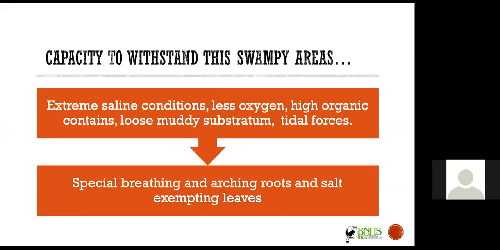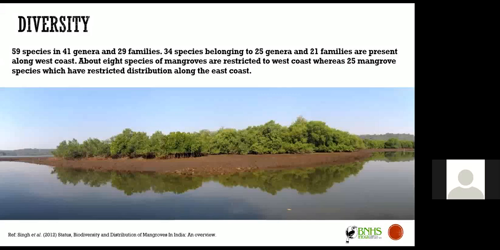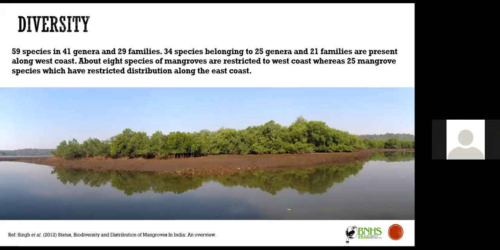This species has some interesting breathing roots, and the structure of these roots is such that they can withstand this kind of environment. They also have leaves which can excrete salt in a time span. So diversity: we have 69 species, 41 genera, and 29 families overall.